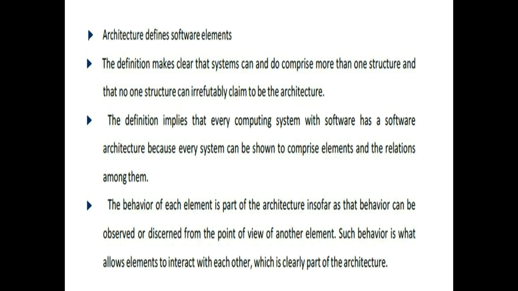The coupling and the cohesion of the modules means the relationship that is comprised. While showing the coupling as well as the cohesion, it also refers to the behavior of the system.